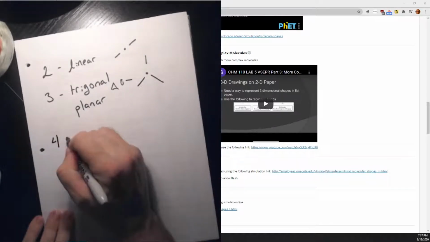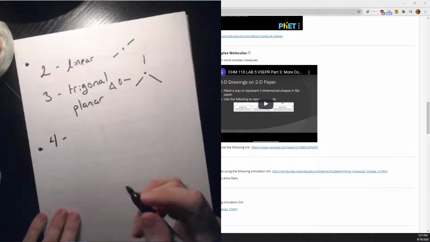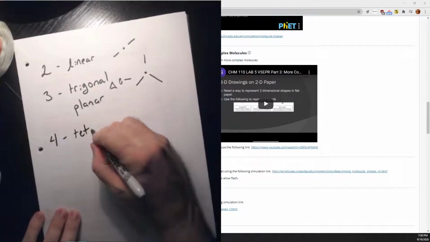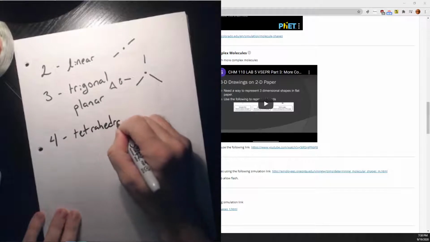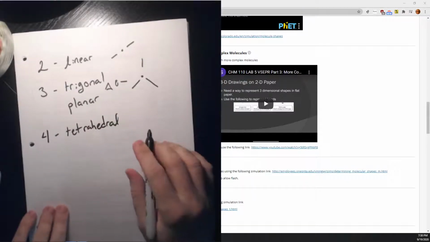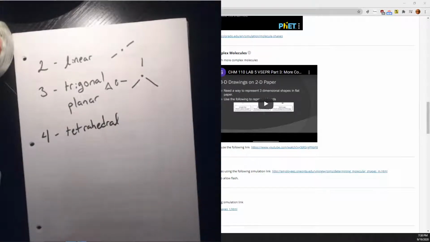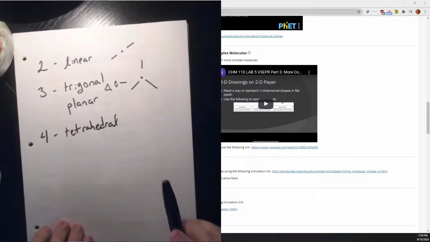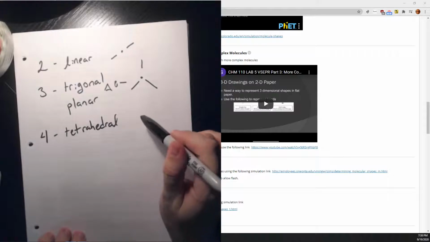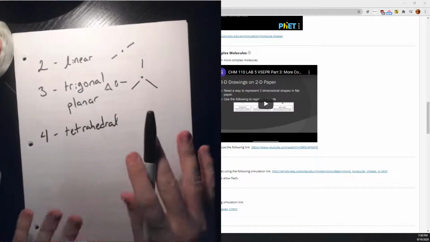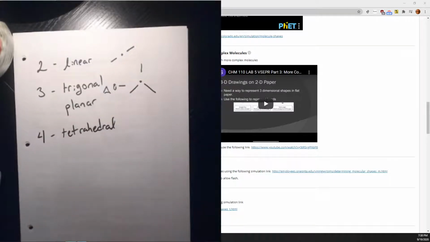With 4 electron domains, we break out of 2 dimensions and we go to a 3-dimensional shape, and it is known as tetrahedral. A tetrahedron is one of those ideal structures that the ancient Greeks thought made up the universe. It is a pyramid where all 4 sides are equilateral triangles.